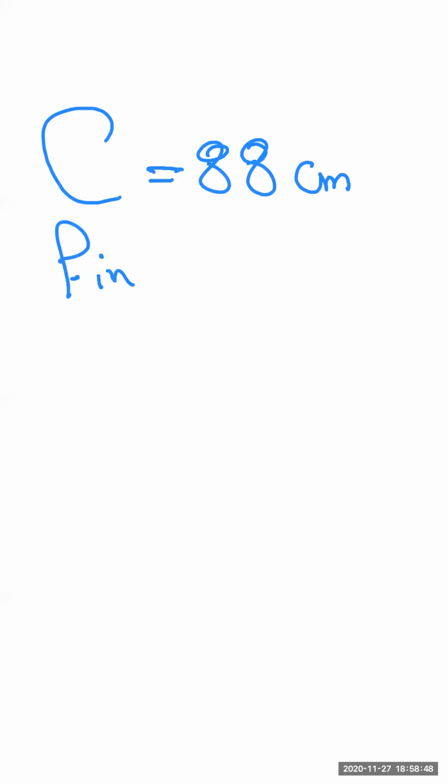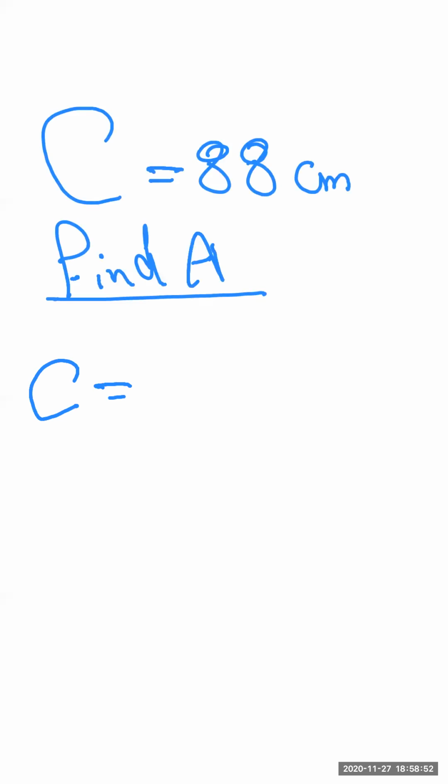The circumference of a circle equals 88 centimeters. Find the area. Okay, so the circumference rule equals what? 2 pi r. And here in this question, it's given that pi equals 22 over 7.